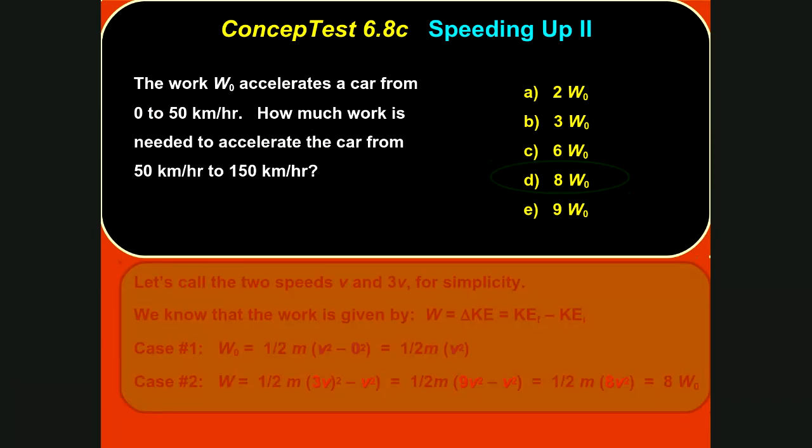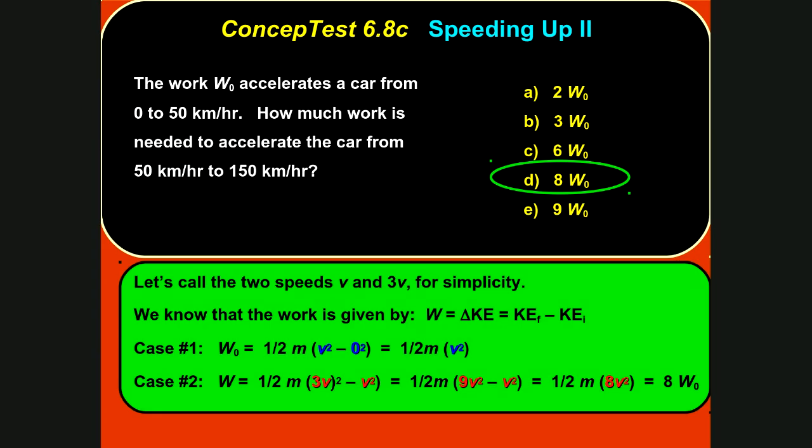So go ahead and check the conceptual understanding. It's actually 8 times, sorry. Let's call the two speeds V and 3V, because the speed is increasing 3 times. The work W naught accelerates the car from 0 to 50 kilometers per hour. How much work is needed to accelerate from 50 to 150?